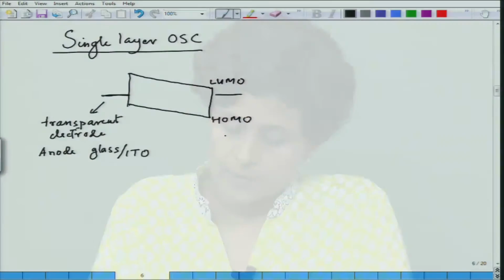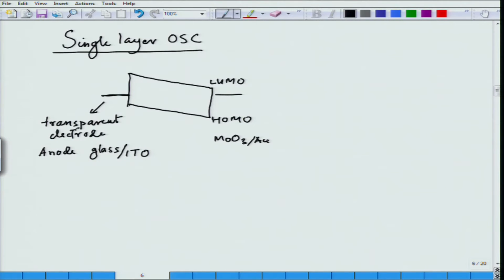So there are material systems which go for a transparent cathode, for example a molybdenum oxide-gold combination. The light will be coming from this direction onto the semiconductor.